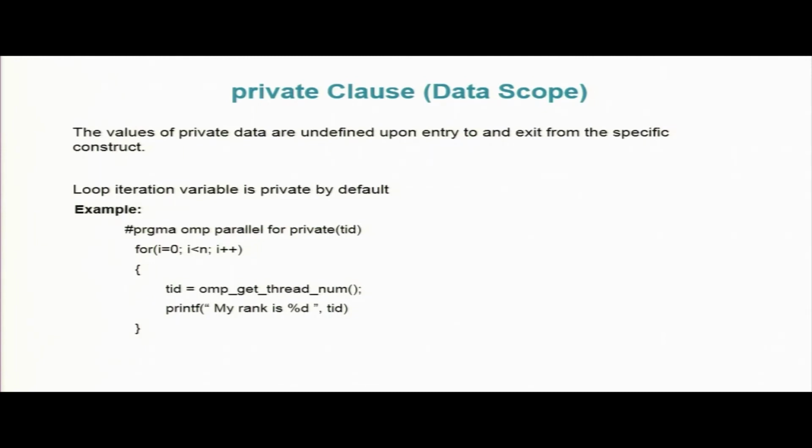Let's say I want to get the rank of a thread. This function just gets the rank of the given thread, and rank is definitely unique for every thread, so it cannot be a common value, so it has to be private. So we have defined it as private, and we can make use of this rank value for distributing or decomposing our work also, if need be.